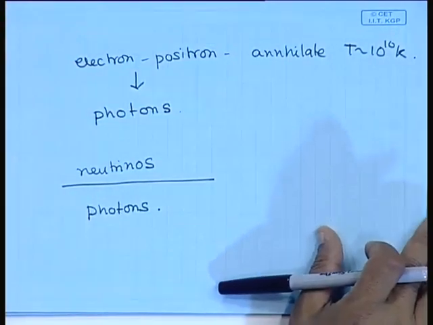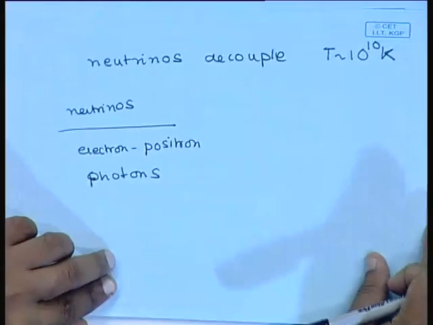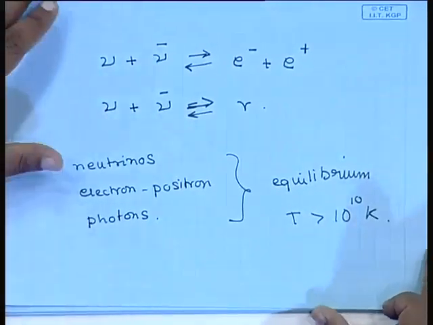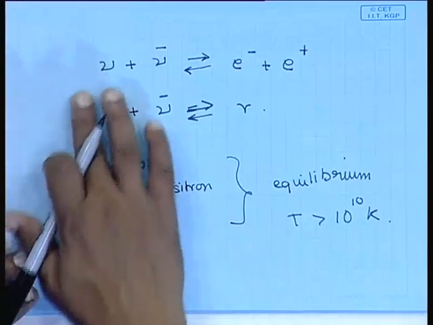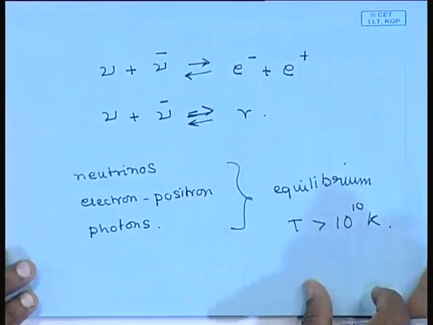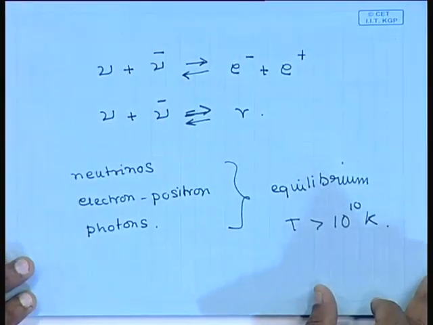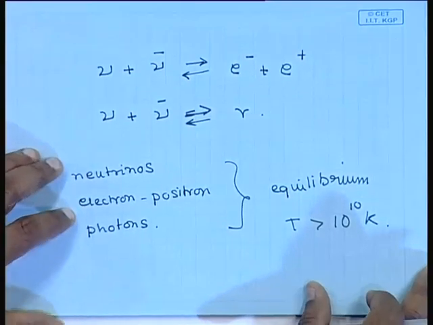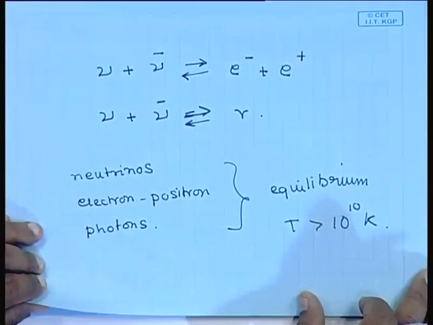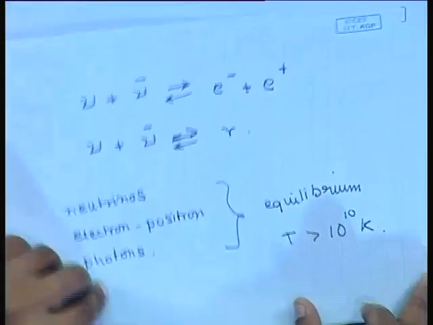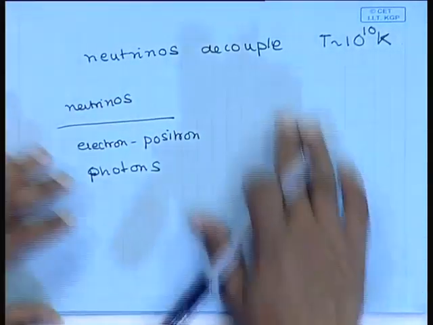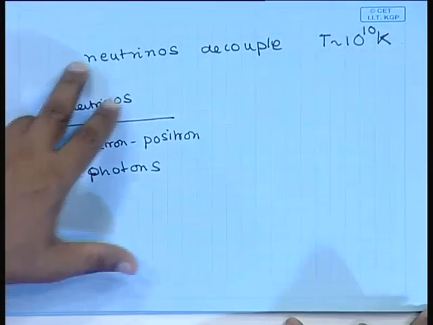So, first let me go through over it again. This is the overall scenario. Initially at temperatures higher than 10 to the 10 Kelvin, all of these are in equilibrium. Okay, so you have the neutrinos, the electron positron pairs and the photons all in equilibrium. Then at temperatures of around 10 to the power 10 Kelvin, the neutrinos decouple.